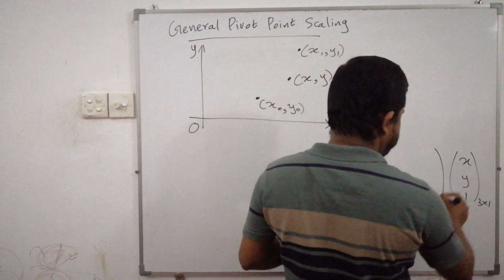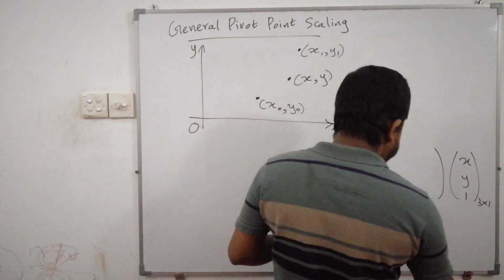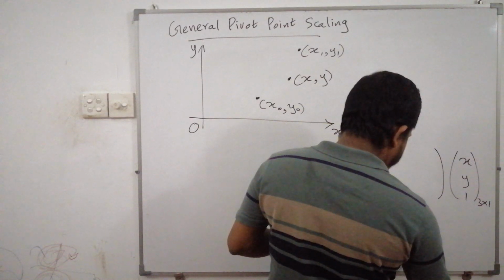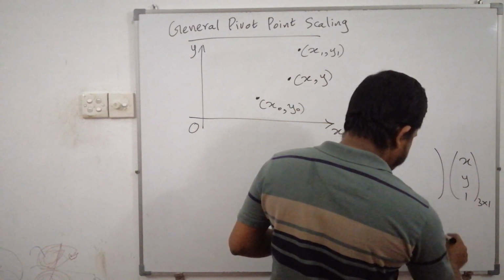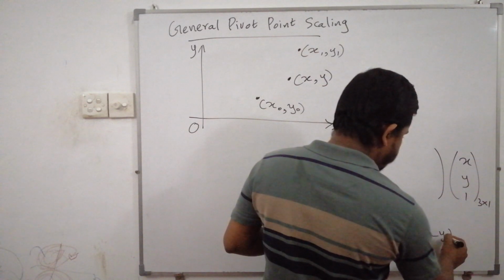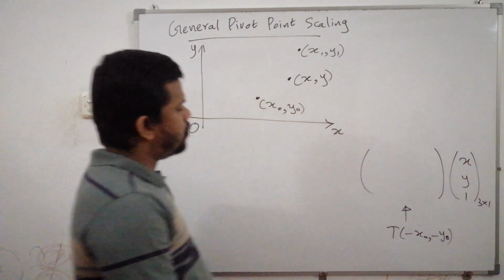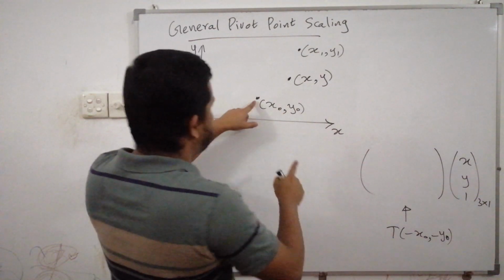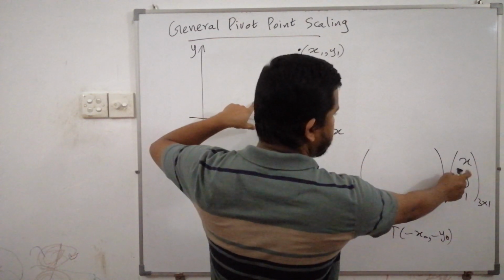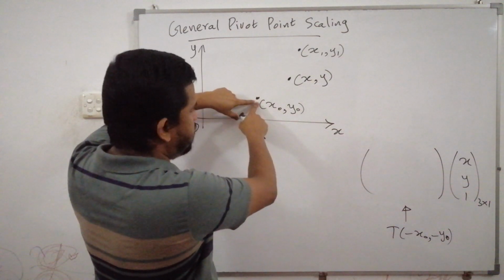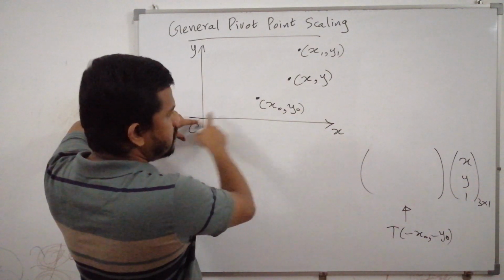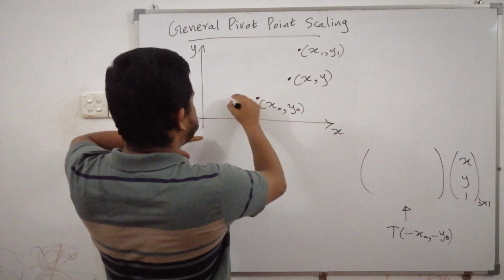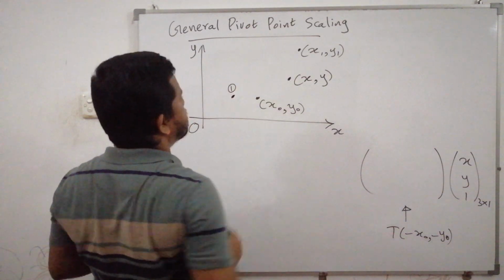First we apply the translation matrix T of minus x naught, minus y naught. If we apply it, this point will come to the origin, and this one will come somewhere here. So this is our position 1.